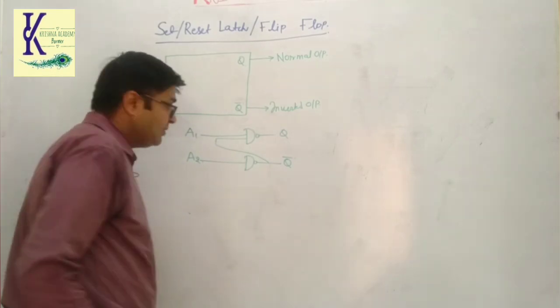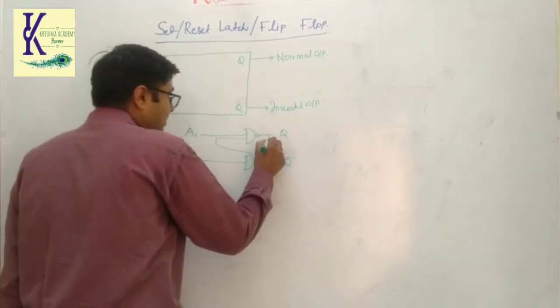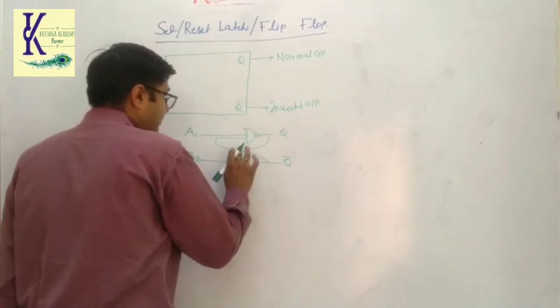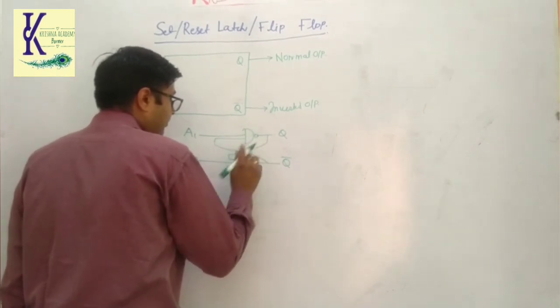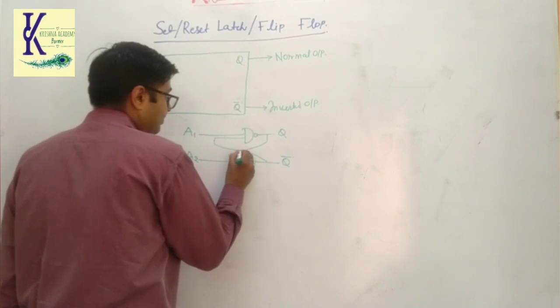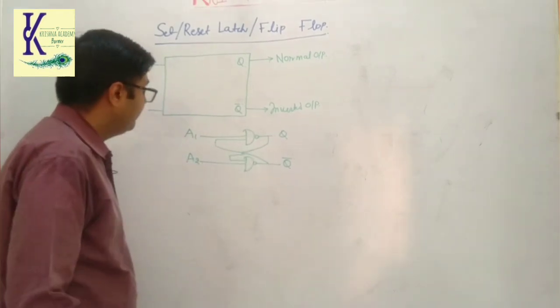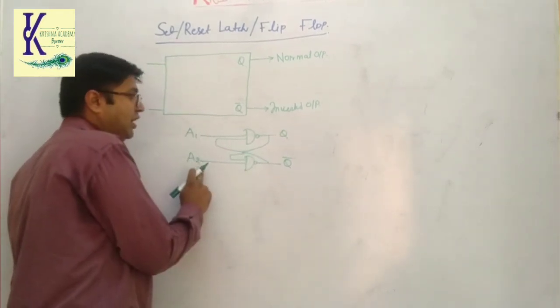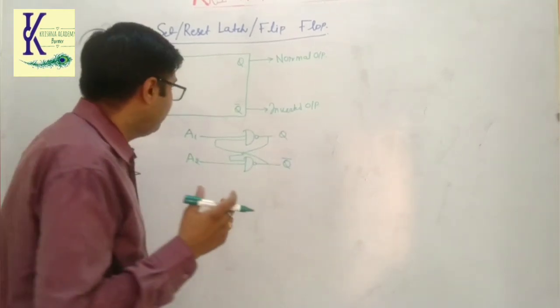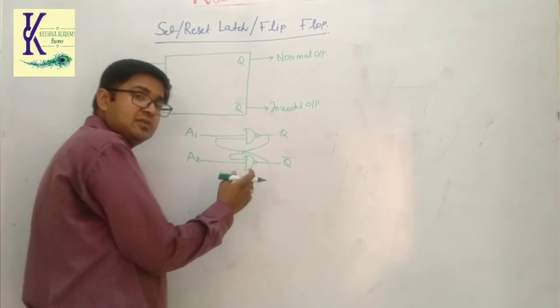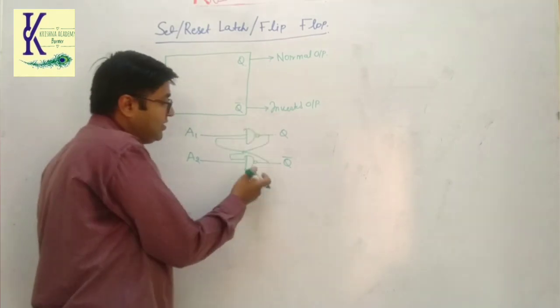Here it is like this, and in the same manner it is like this. A1 and A2 are inputs and Q and Q bar are the outputs. To design a basic memory element, we use this circuit. These are just NAND gates.